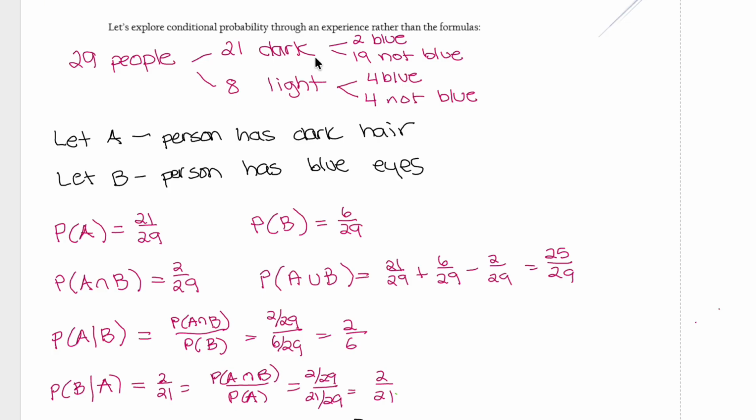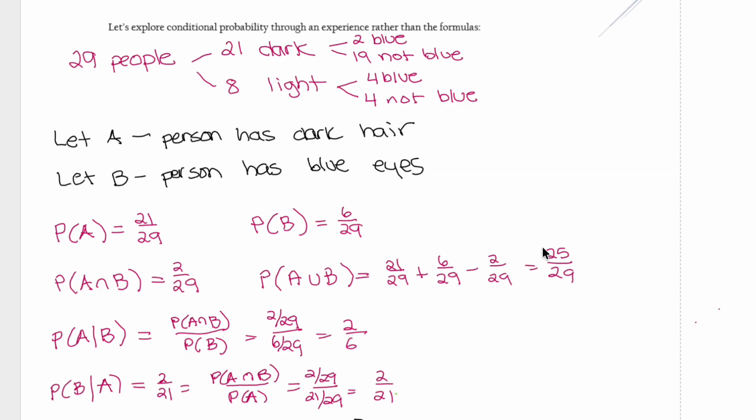And the probability of A or B is the probability that a person has dark hair or blue eyes. So 21 people have dark hair and 6 people have blue eyes, but there are 2 people overlapped right here. Therefore, we have to subtract 2, and we get 25 over 29.